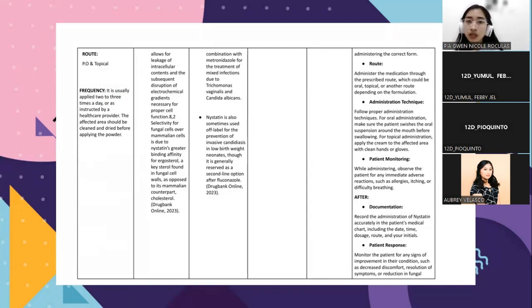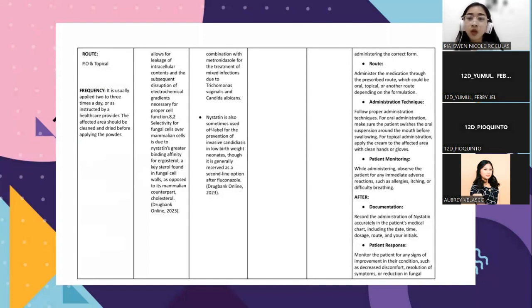Then administration techniques. So follow proper administration techniques for oral administration. Make sure that the patient swishes the oral suspension around the mouth before swallowing. For topical administration, apply the cream to the affected area with clean hands or gloves.